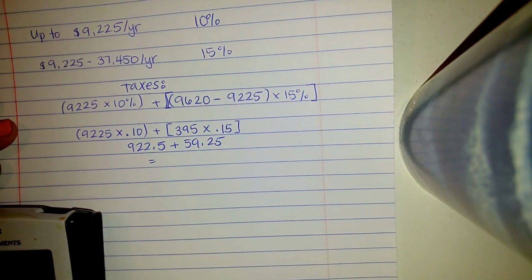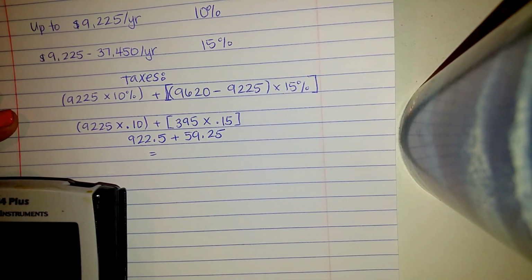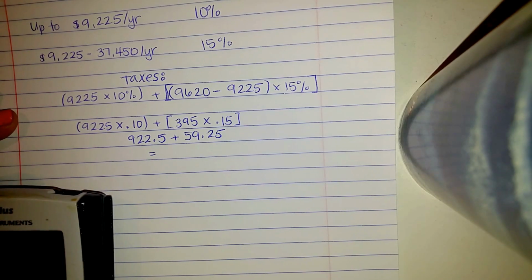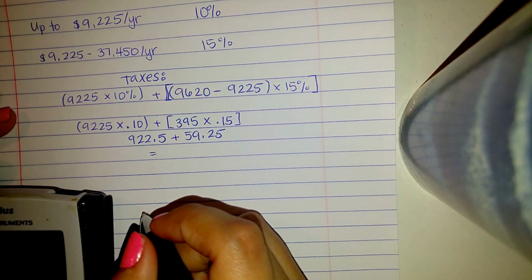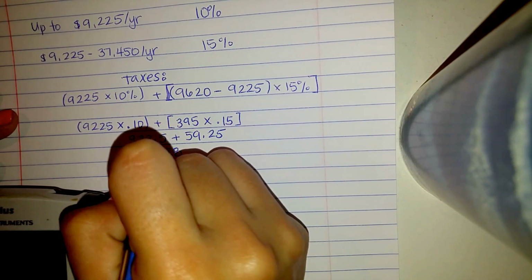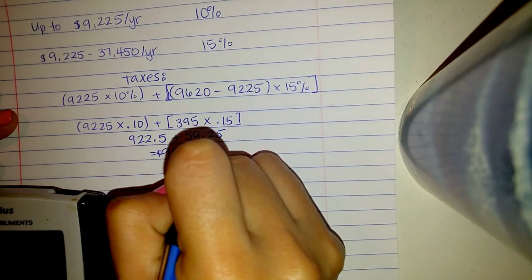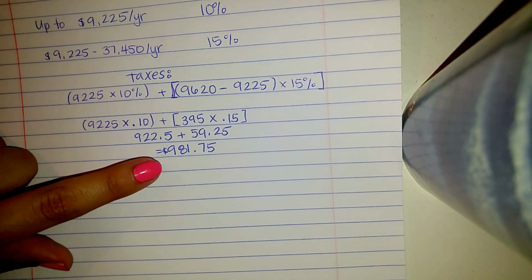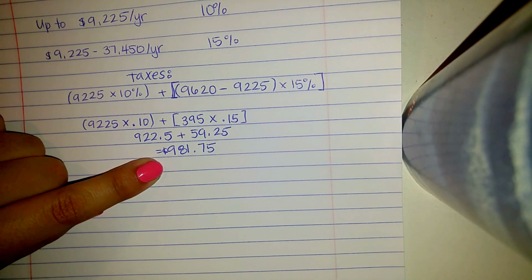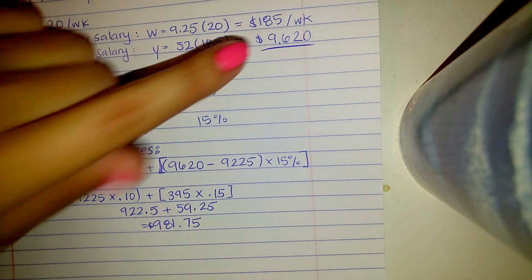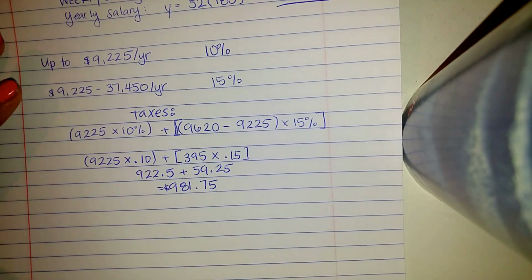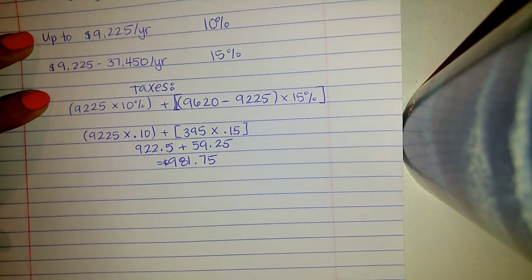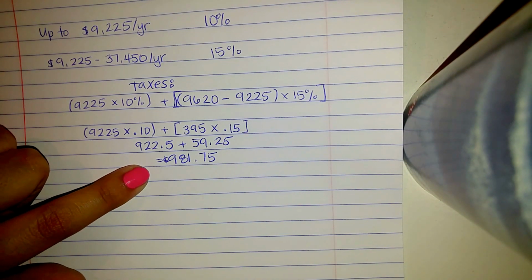And the sum total is $981.75. So this is how much I have to pay in taxes for the entire year. This was how much I made, and using my tax equations here, I'm going to pay $981.